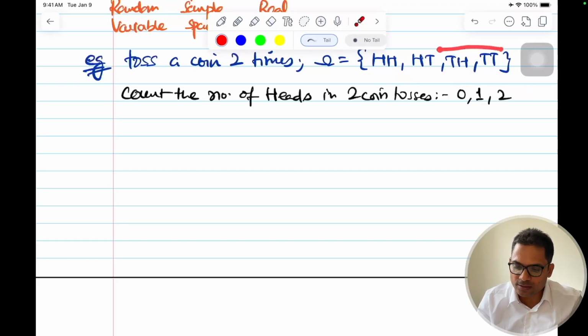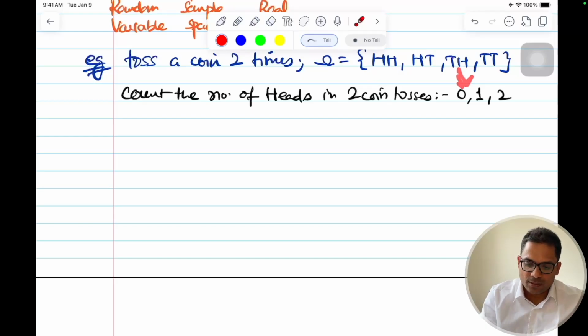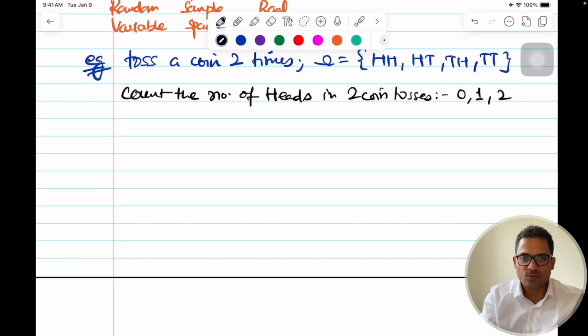You can see now that this random experiment, a real world example of tossing a coin, has been converted from a sample space to real numbers. And how will we do that? Let's see how we can convert that using the random variable.